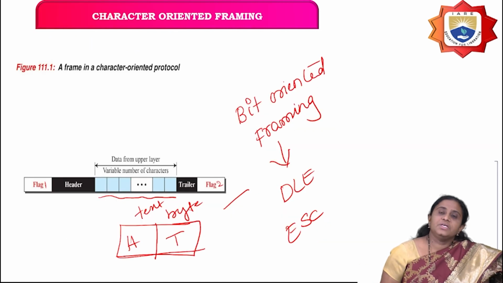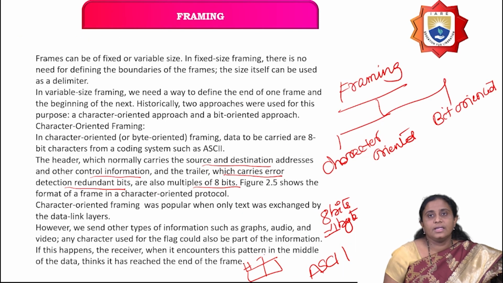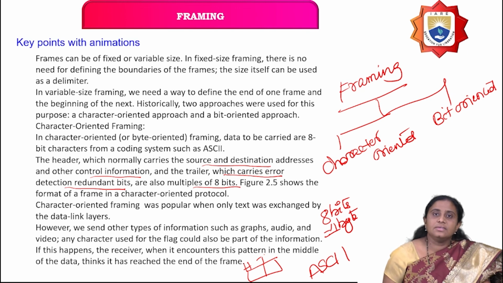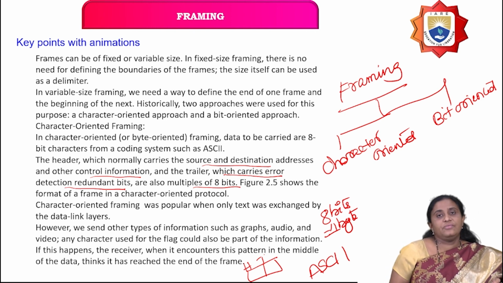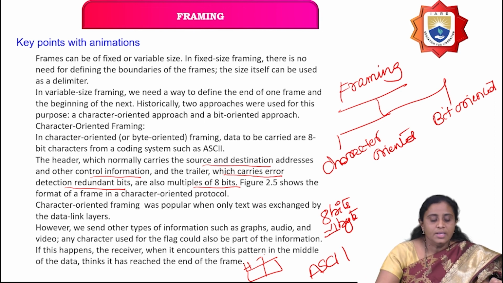After that, the CRC cyclic codes and the advantages of cyclic codes. In framing, the CRC cyclic redundancy and ASCII code characters. And after that, the sizes of framing, whether it is fixed size or variable size, they need to identify by the end of this video. Anyhow, this video will be helpful, and keep watching the upcoming videos.